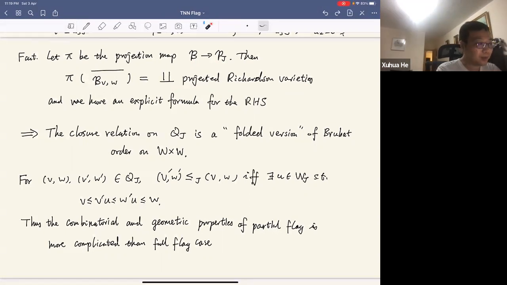And so, because this pi is proper, and since we know exactly the closure relation on the left-hand side, and also for the totally positive part of the left-hand side, we can see that the closure relations on this index set Q_J is in some sense a folded version of the Bruhat order on W times W. What do I mean by folded? This is precisely the description of this partial order.